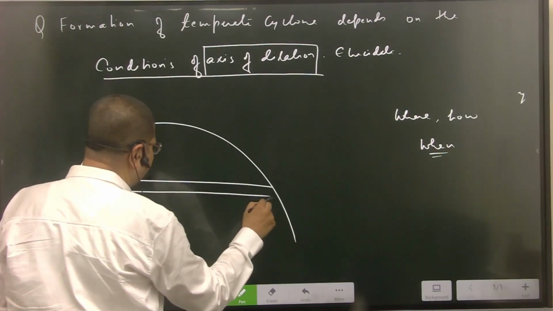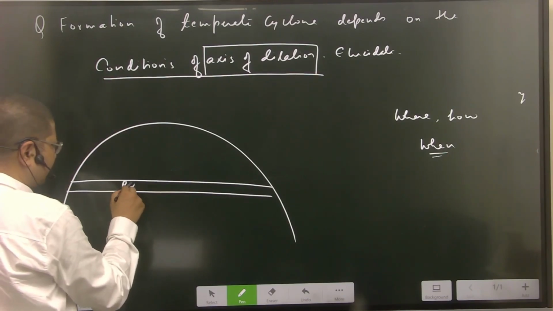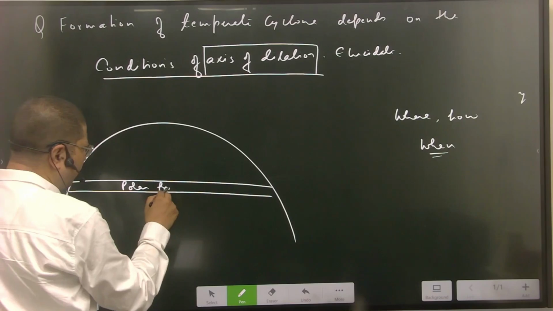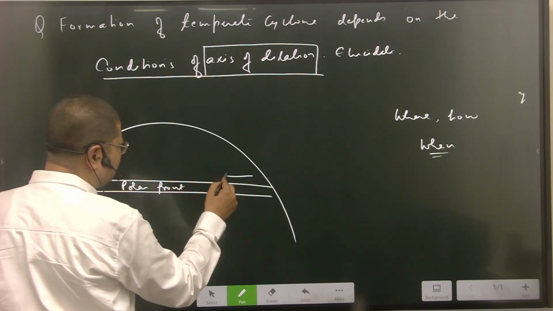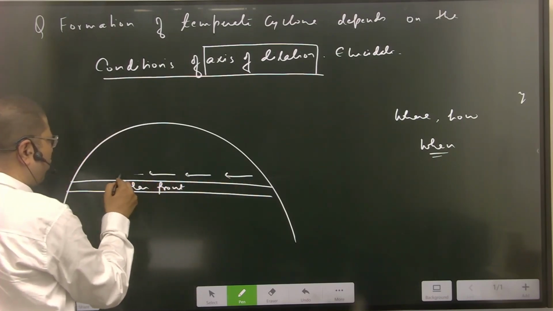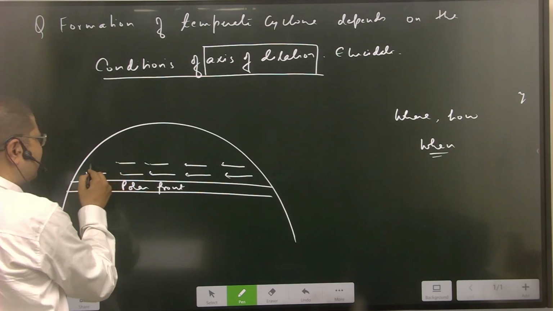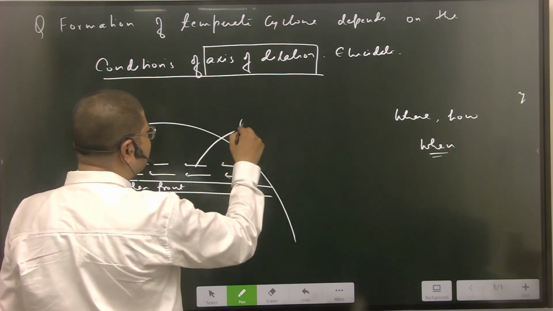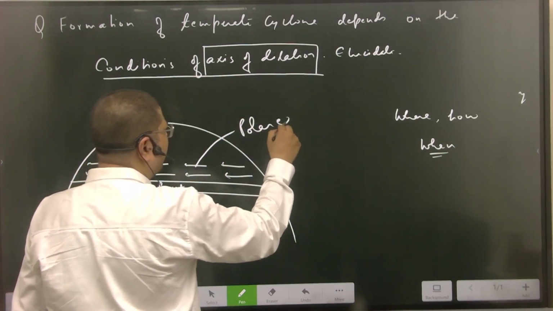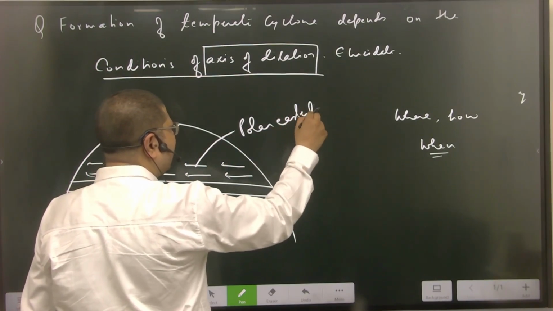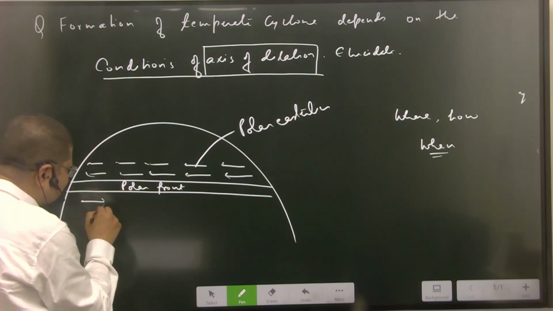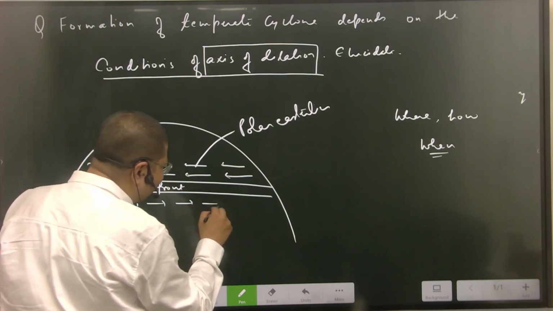What is polar front? This is polar front. Polar front is the transition zone that separates cold polar easterly winds from the warm westerly winds. These are cold polar easterly winds, polar easterlies, and these are warm westerlies.